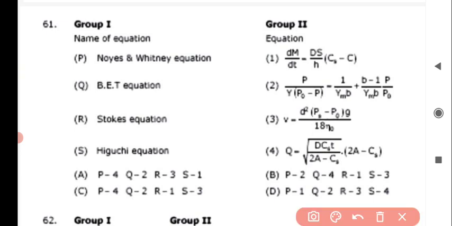Then in the next question, group 1 contains the name of the equation and group 2 contains the equation.